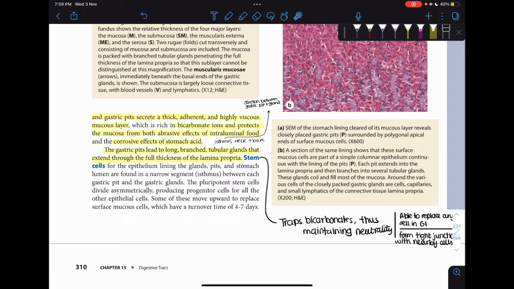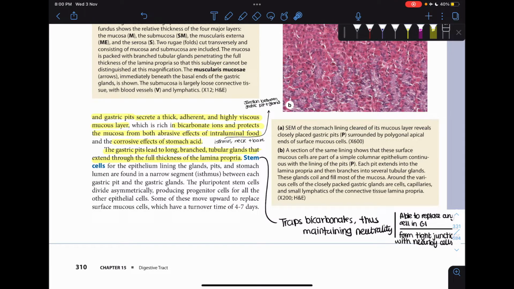So the stem cells are found in the isthmus between each gastric pit and the gastric glands, and the pluripotent stem cells divide asymmetrically. They produce progenitor cells for all the other epithelial cells. Some of these move upwards to replace surface mucous cells, which have a turnover time of 4 to 7 days.